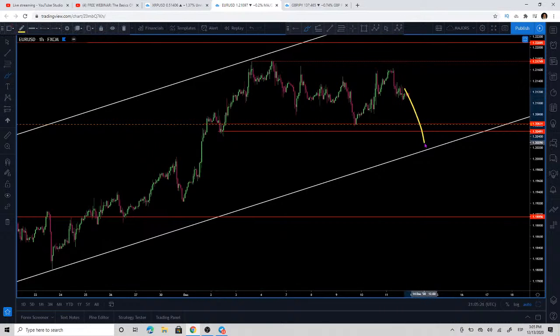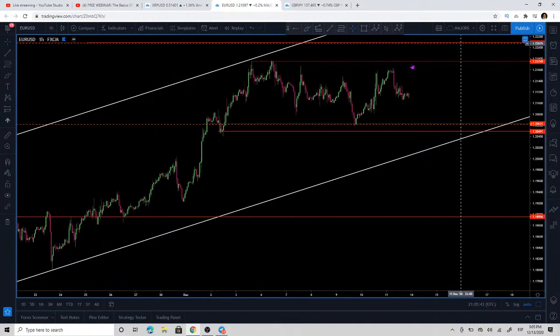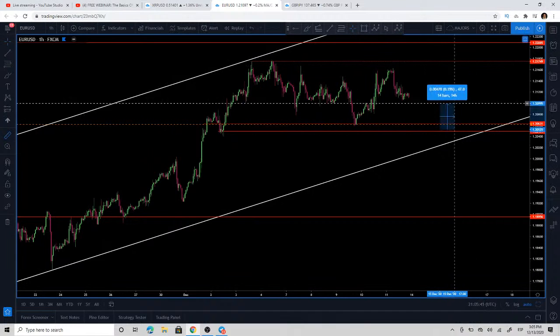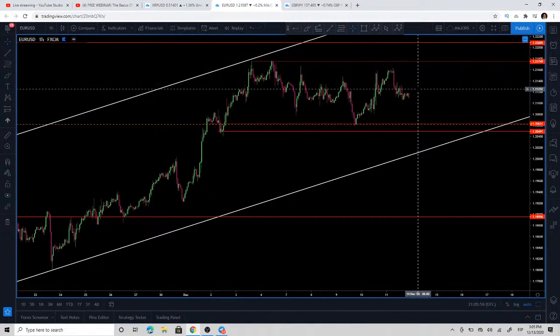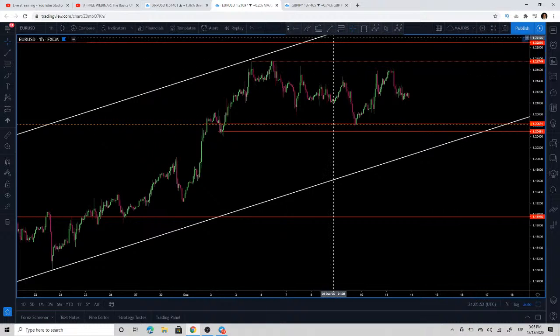If I see a clear rejection of the 126, I will be looking into buying for a break of the 120.60 for a possible break of the 122. Because the euro is very strong at the moment, and the US dollar is very weak actually, we're looking at a 145 pip move or so.